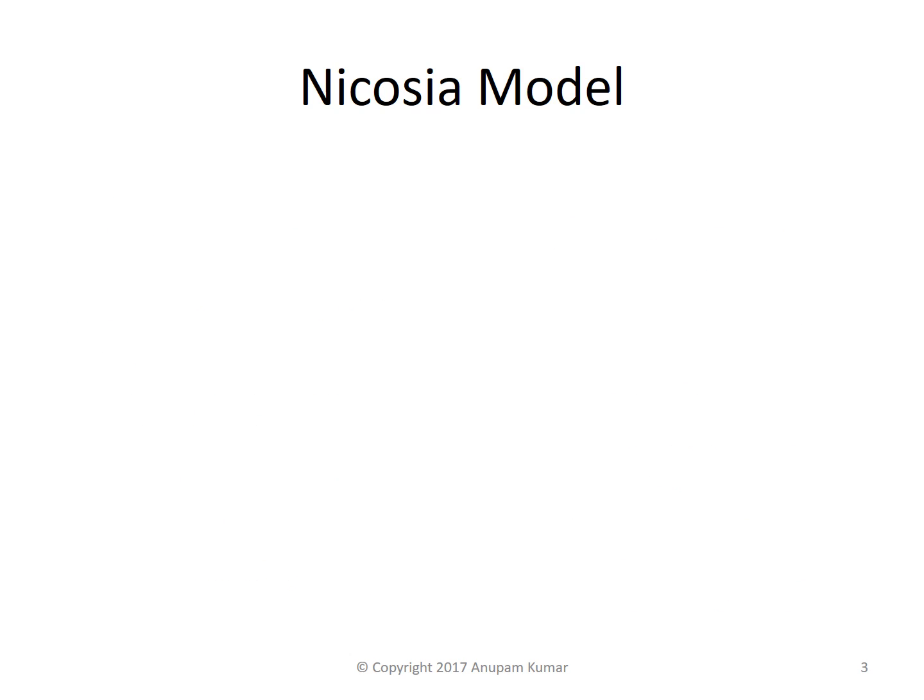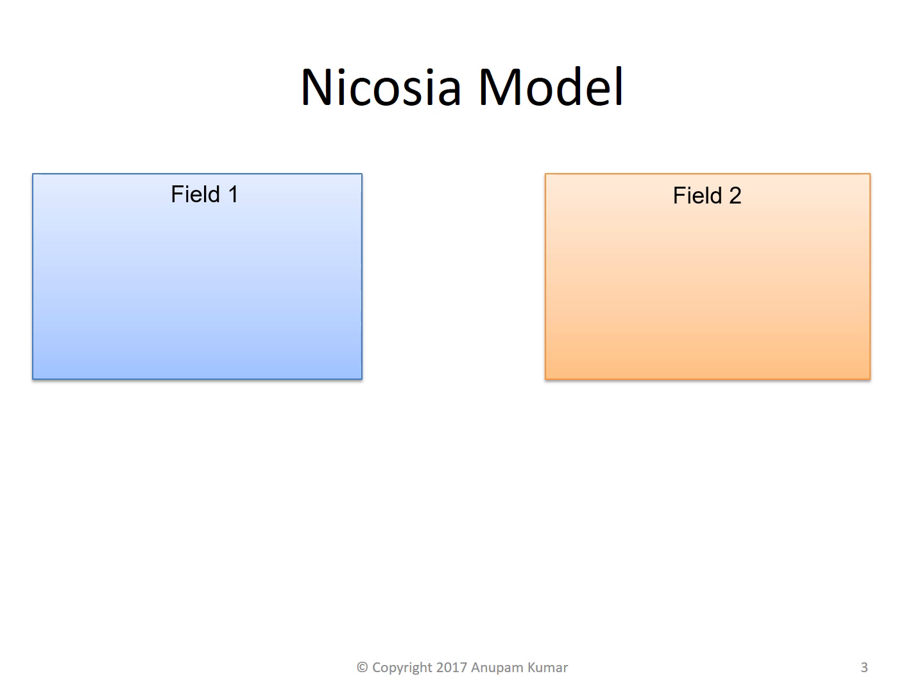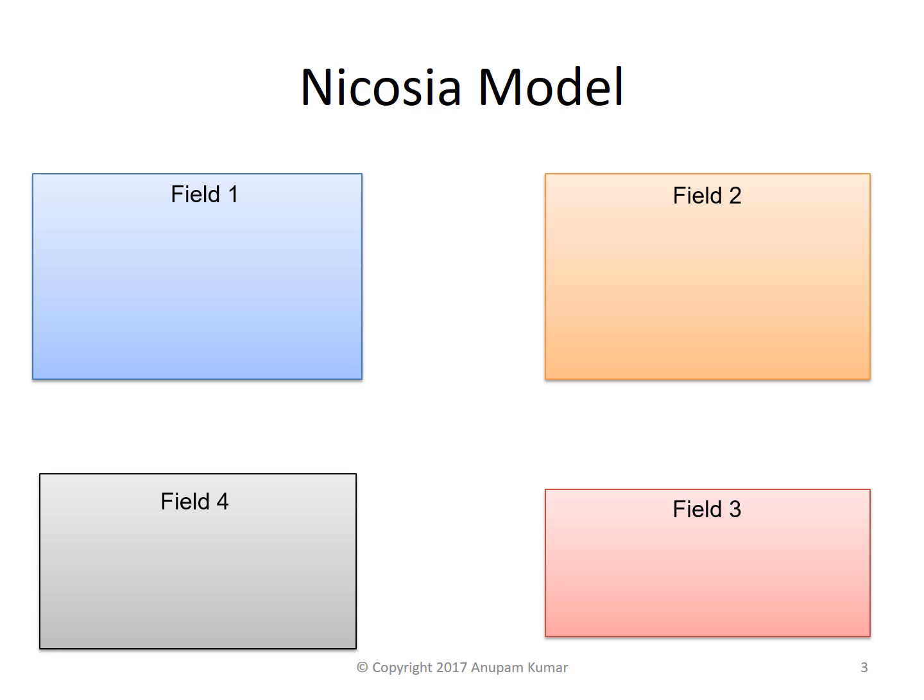The Nicosia model of consumer behavior divides the complete consumer behavior process into four specific fields. In the first field, the model considers that the consumer is exposed to the message which is desired to be given by the firm, as a result of which a certain attitude is formed towards the product, which results in a search and evaluation about the same.